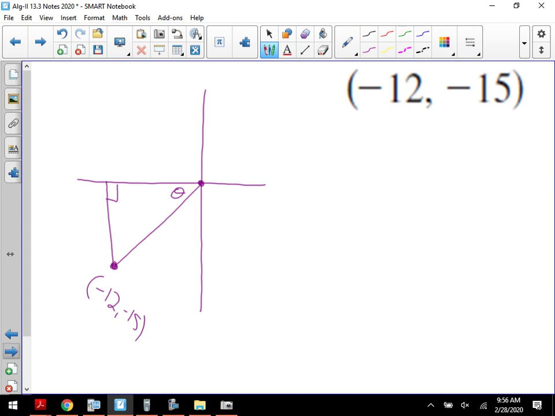How far did you drop off of the x-axis? Exactly. What's your opposite? What's your y-coordinate? Negative 12. Your x-coordinate was? What's 12 squared? What's 15 squared?